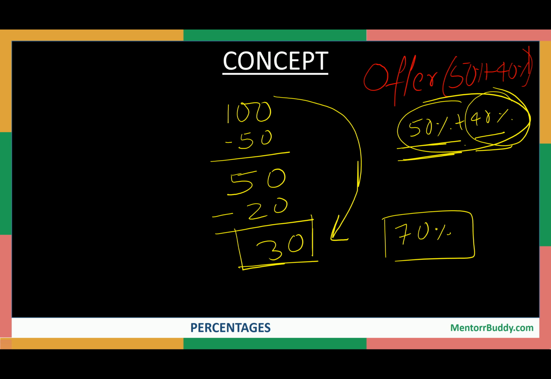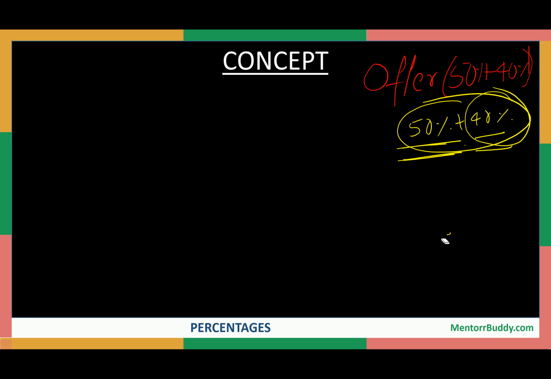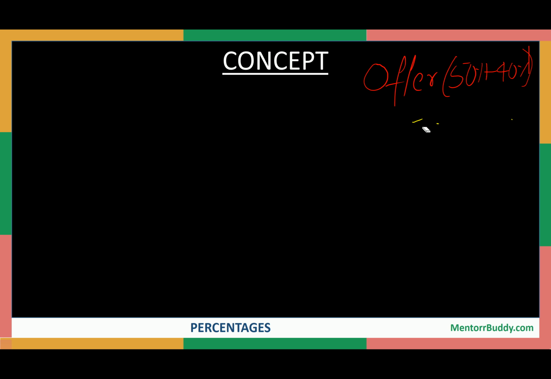This is the beauty of successive discount, right? In the discount case, the actual percentage decreases, and in the increasing case, that is successive percentage increase, the actual value will increase.